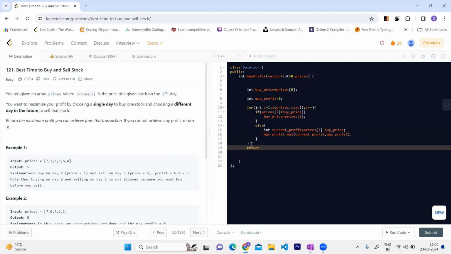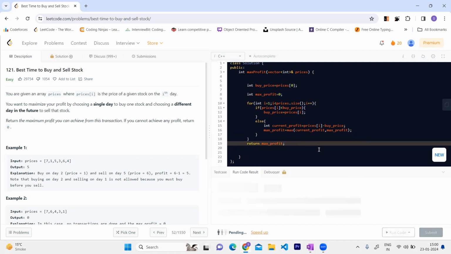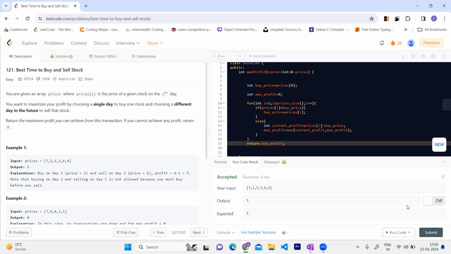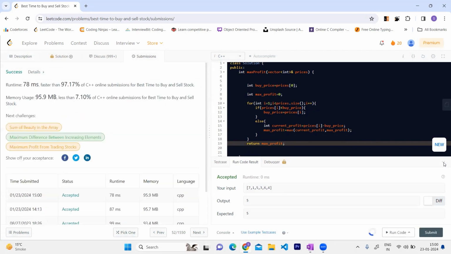Now we'll return our max profit. So let's try to submit this thing. It runs perfectly fine. This code runs perfectly fine.